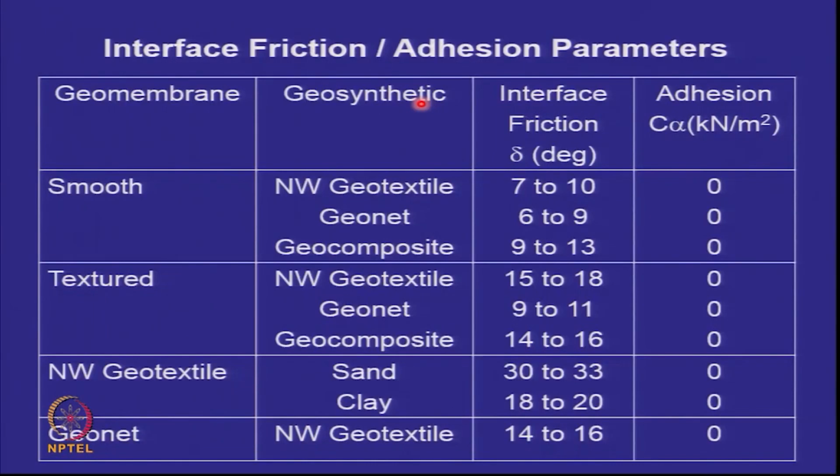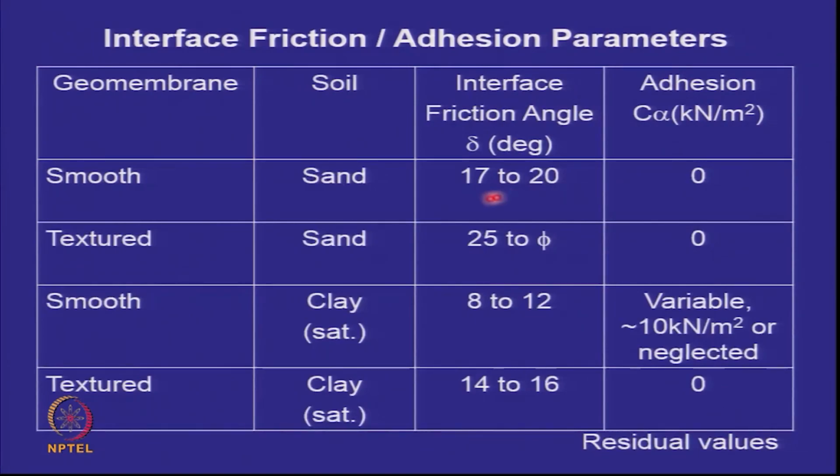The second slide now shows, if I have a smooth geomembrane and on top of it I put a non-woven geotextile as a protector, I'm down to 7 to 10 degrees. If I had put the sand directly on a smooth geomembrane, it's 17 to 20.